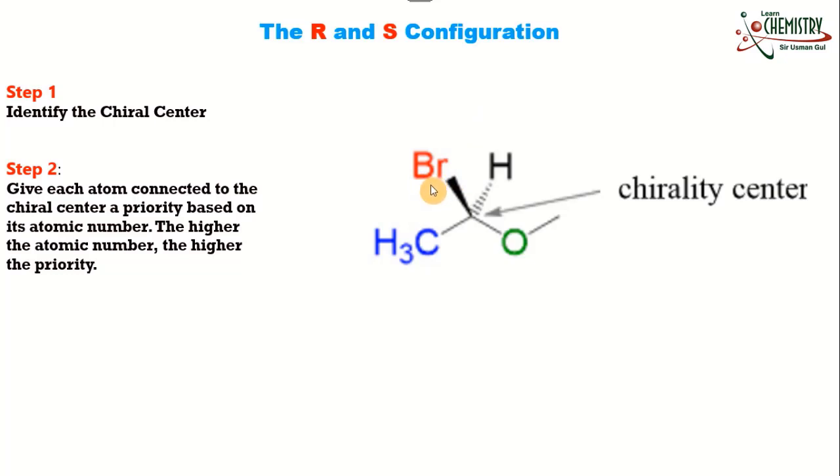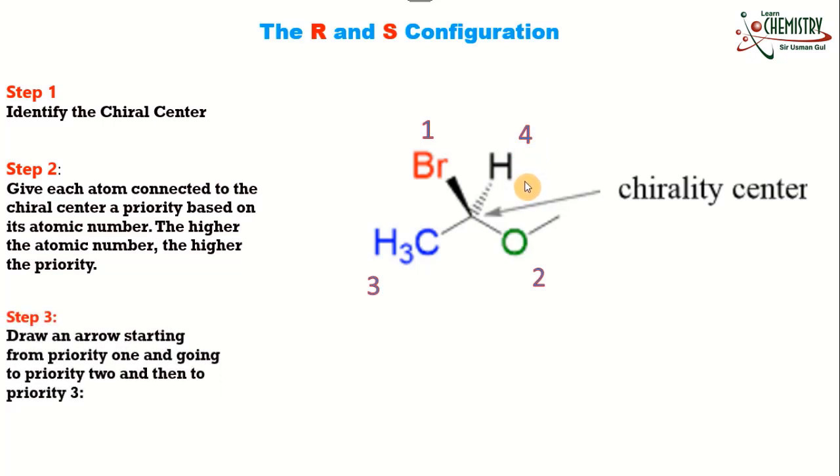So I will mark this one as group number 1, and after bromine, oxygen, so I will mark this one as group number 2, and after this carbon, I will mark this one as group number 3, and after it hydrogen is the lowest, so I will mark this one as 4.